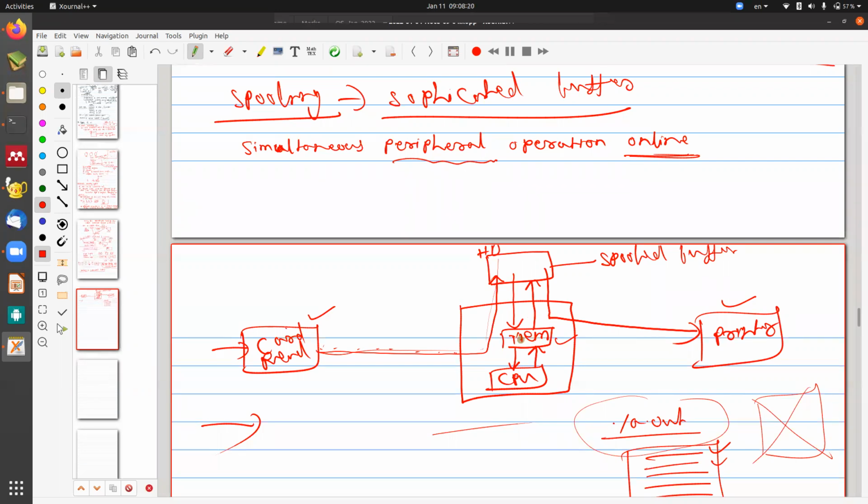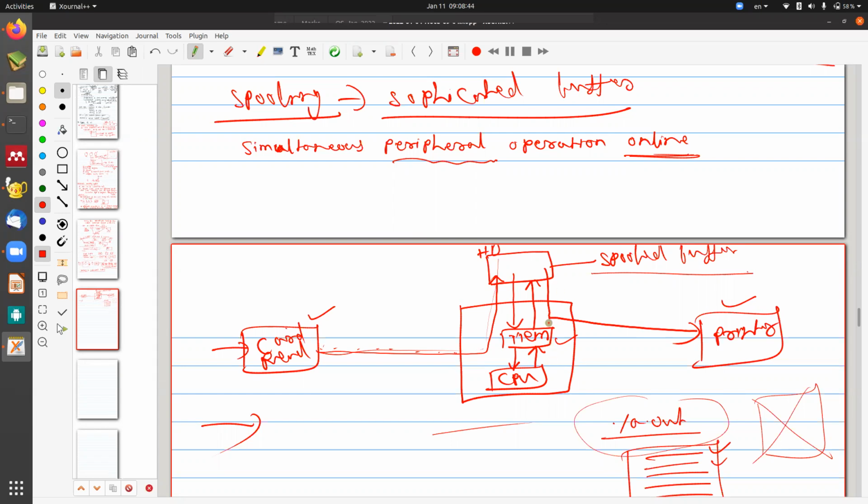Even if the CPU is executing some job, at the same time some data is being read from the card reader and stored in a buffer called the spooled buffer. That spooled buffer is basically created in the hard disk. Simultaneously, the data will be read from the card reader, and at the same time the CPU is executing the program by reading from the memory.